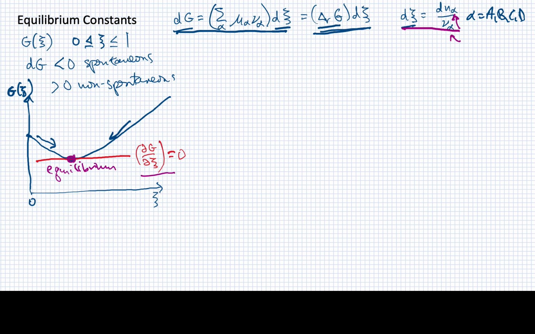I also, and just in case you remember this from general chemistry, I want to point out that what we're doing here is in fact the same as the old ICE tables for solving equilibrium problems. The initial point in this case would be the initial concentrations, or the initial number of moles of each reactant.